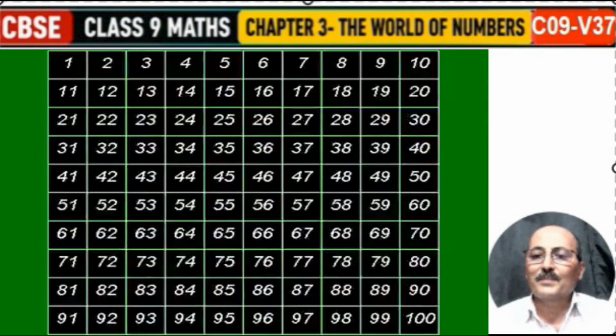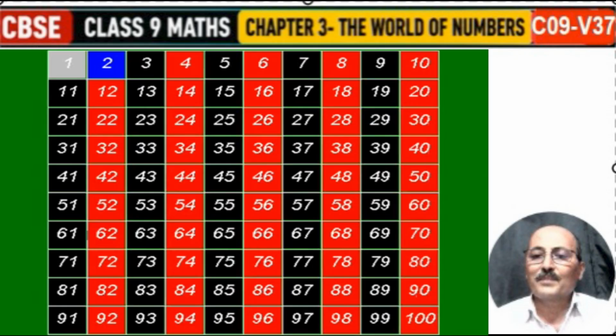First, we know 1 is not a prime number and remove it from the list. 2 is divisible by itself and 1 only, hence it is a prime number. But all other multiples of 2 are not prime numbers because they are multiples of 2 and also even numbers.